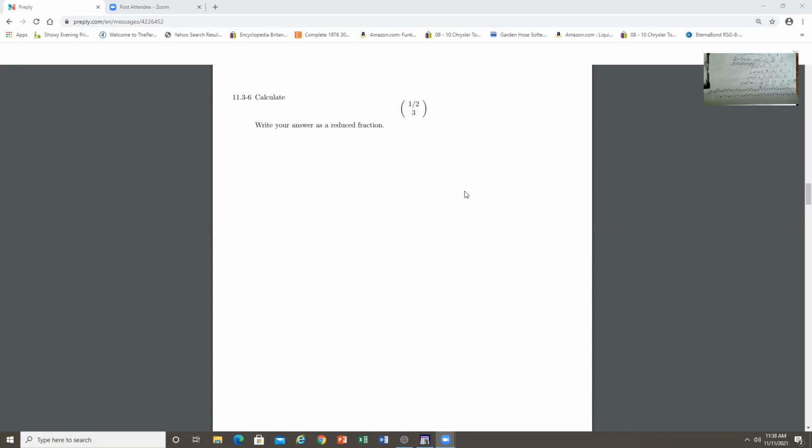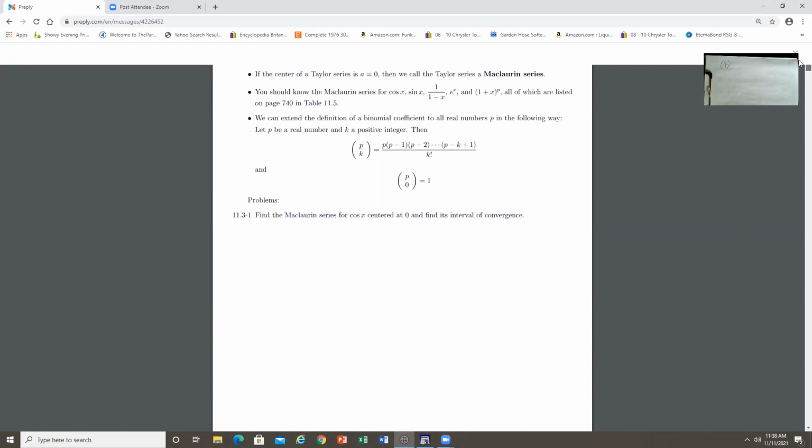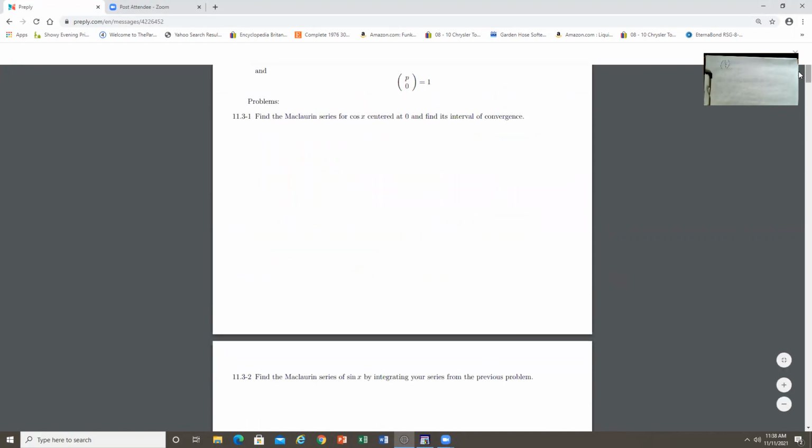Now here they want you to calculate 1/2 in combination with 3. All right, so 1/2 in combination with 3. To do that, we will have to go all the way back at the top and look at that general combination for all real numbers. I'm sorry, hold on a second here.